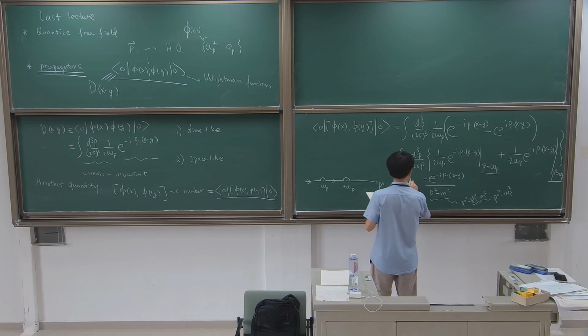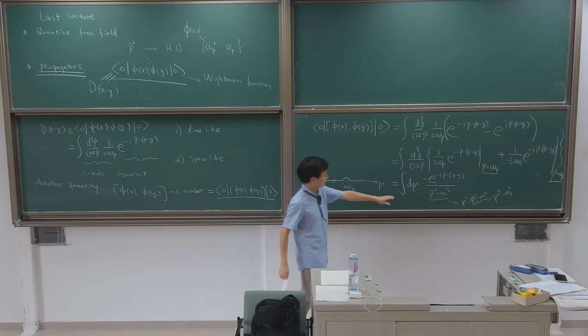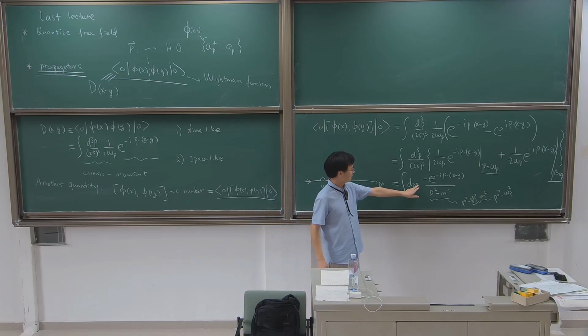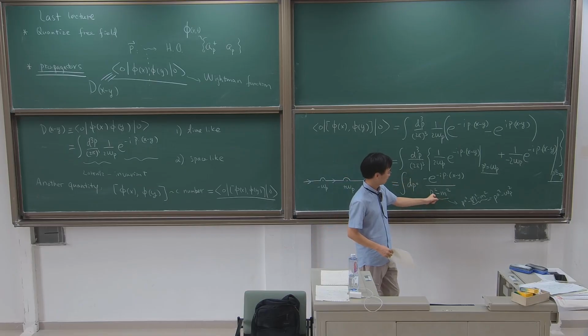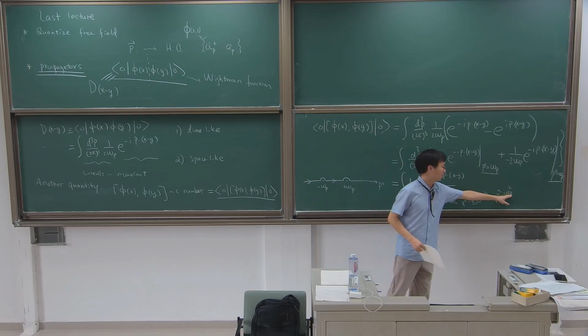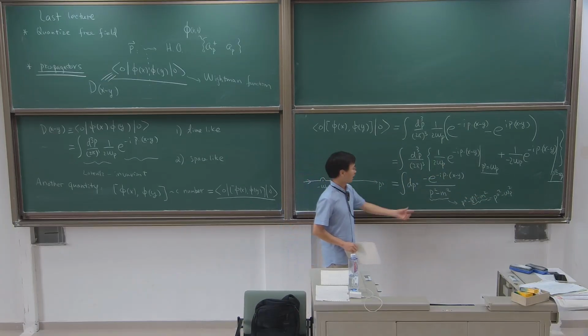Arrange the sign properly. Then you write down the integral, which is indeed the P0 integral running from minus infinity to plus infinity, carrying two poles. One is plus omega p, the other is minus omega p. And times this factor.